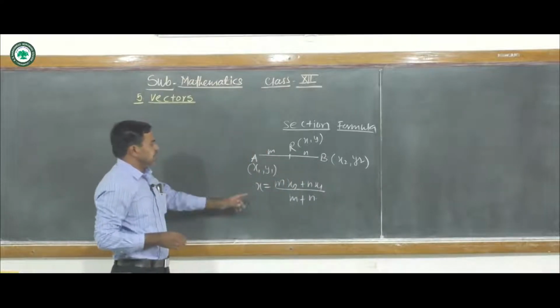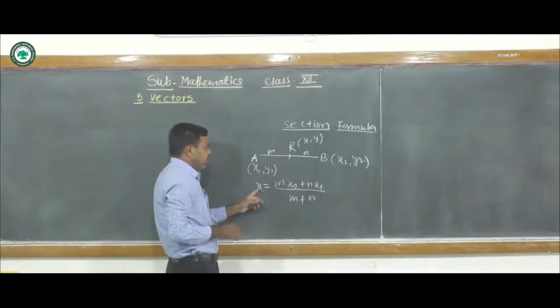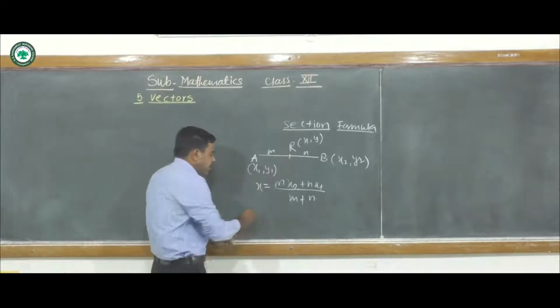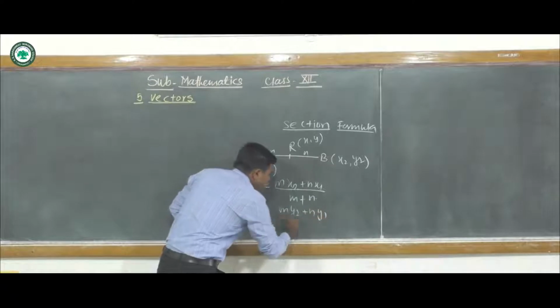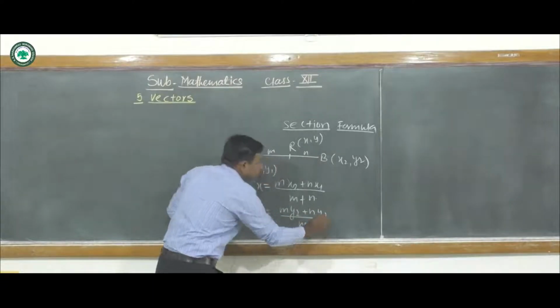And this is the formula for the x coordinate of the point R. Similarly for y coordinate, my2 plus ny1 divided by m plus n.